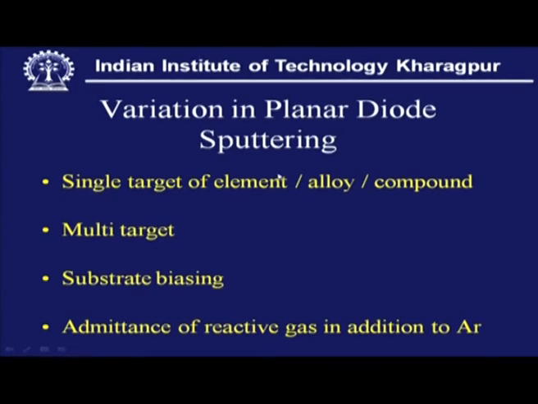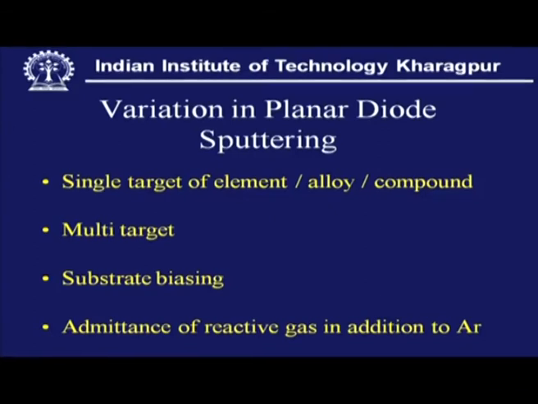It can be an elemental cathode, any metal, say titanium, aluminium, copper and so on. It can be an alloy, say silver copper, nickel chromium alloy, titanium aluminium alloy, or it can be a compound, for example aluminium oxide, molybdenum disulfide, tungsten disulfide, something like that.